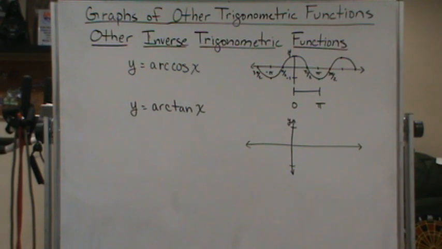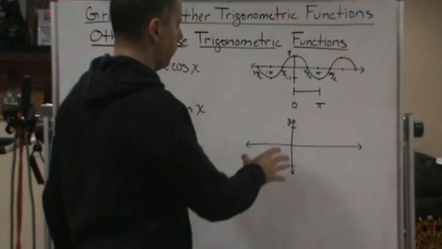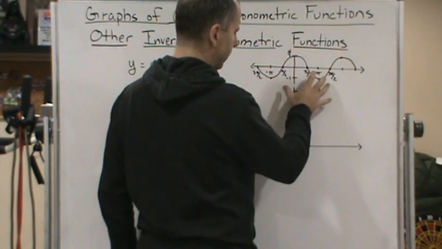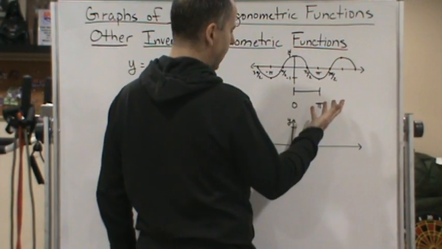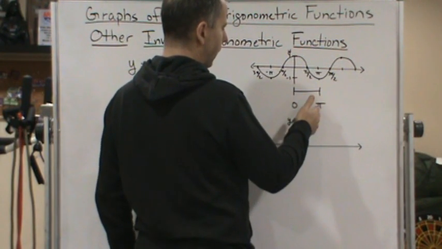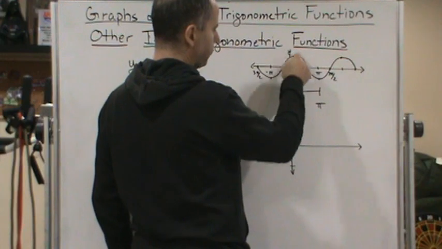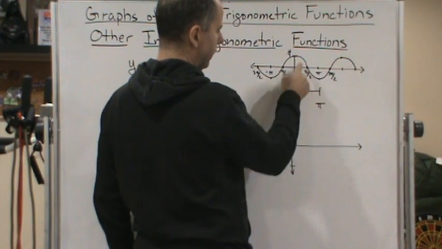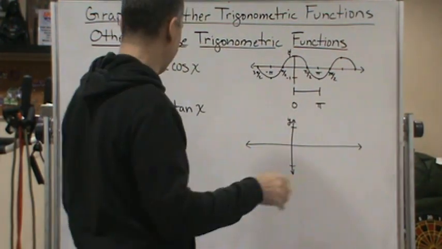So that means we can talk about the inverse function of cosine. So again, on this interval for cosine, the inverse is going to have a range of 0 to pi, and a domain that goes from -1 to 1, just like sine, okay?